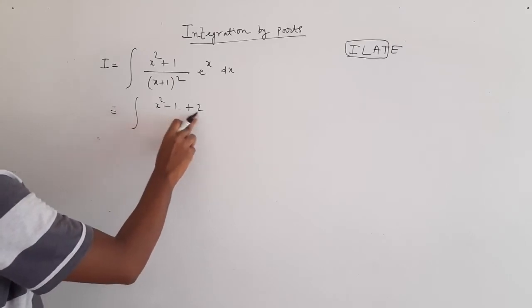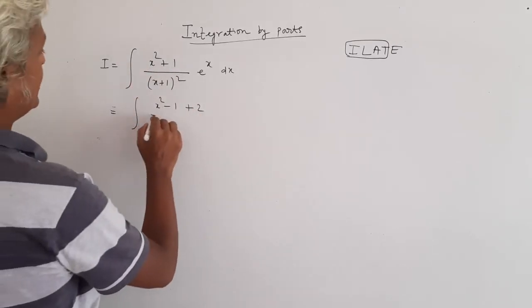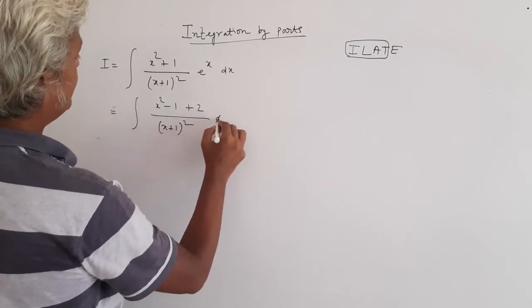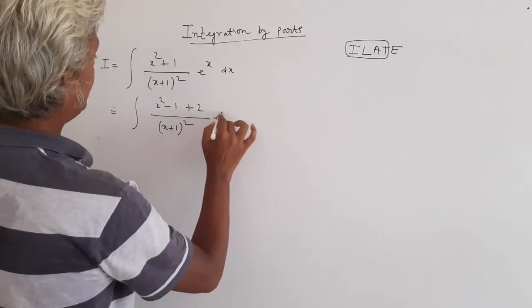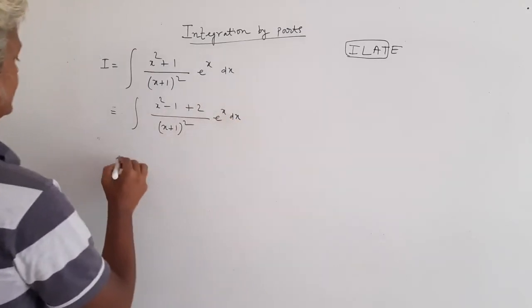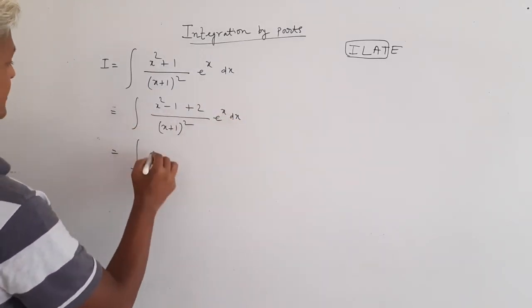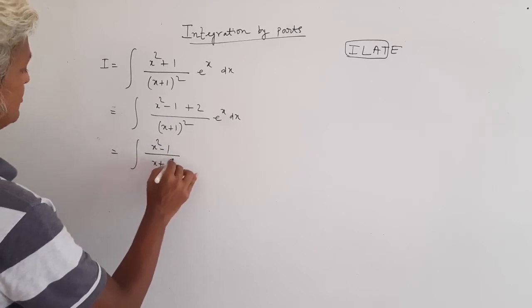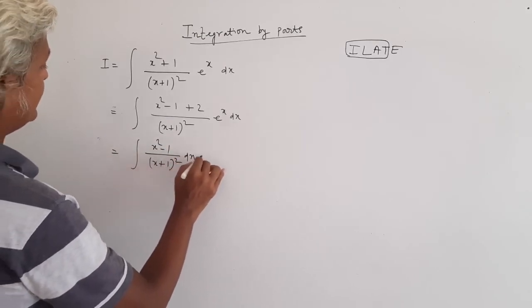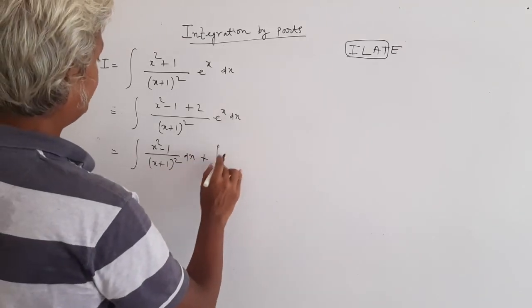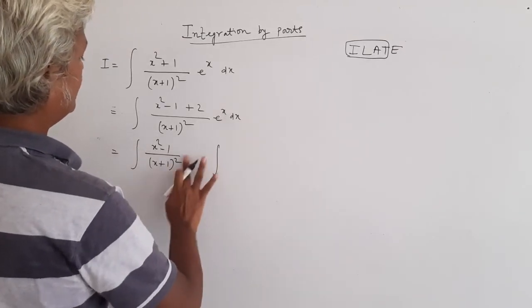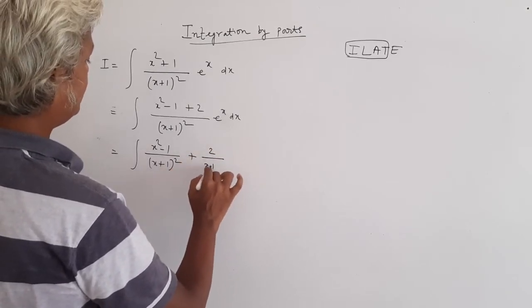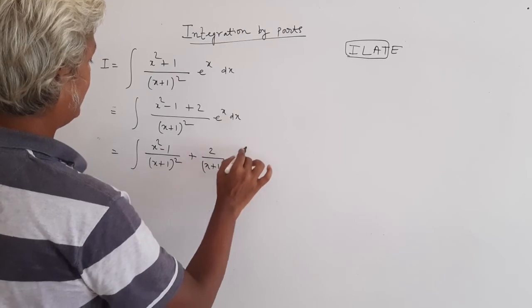So x square minus 1 plus 2 is just x square plus 1 over x plus 1 whole square, and this e to the power x dx is integration x square minus 1 over x plus 1 whole square dx plus, no, don't break this down, plus 2 over x plus 1 whole square.